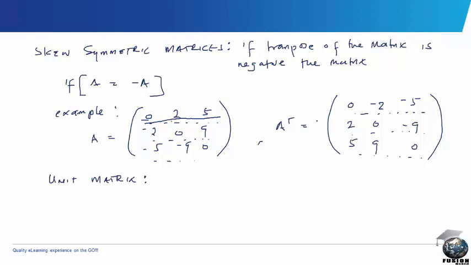The part we call the diagonal is the part that divides the matrix into two triangles. This is the part we call the diagonal of a matrix.